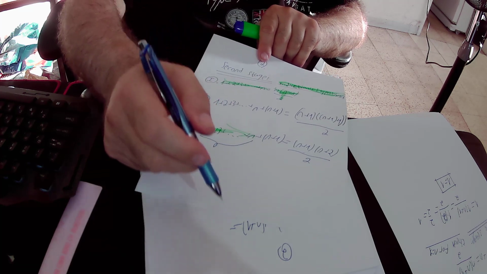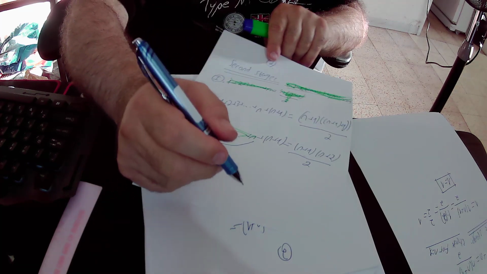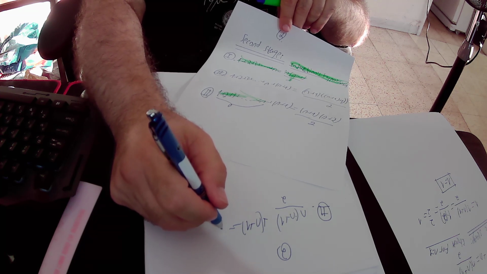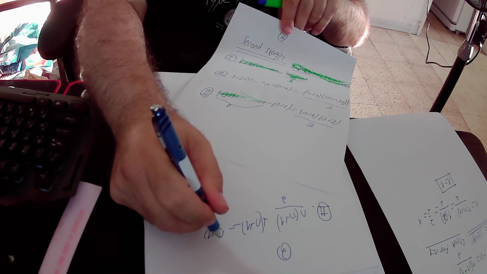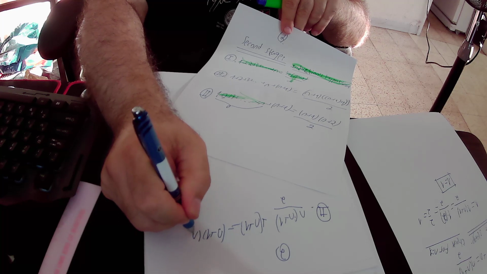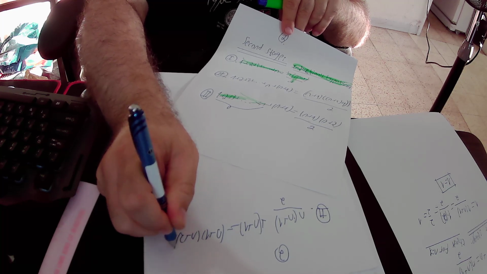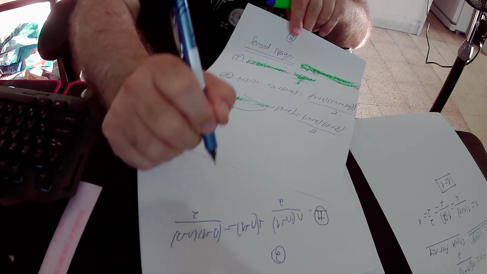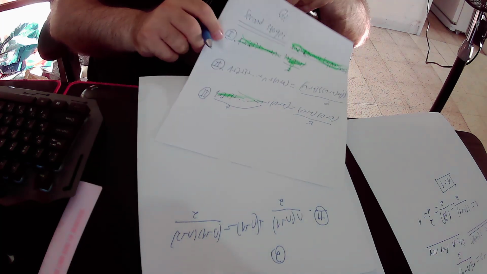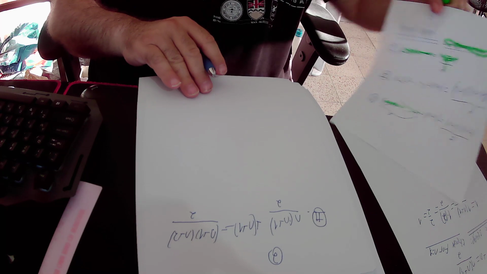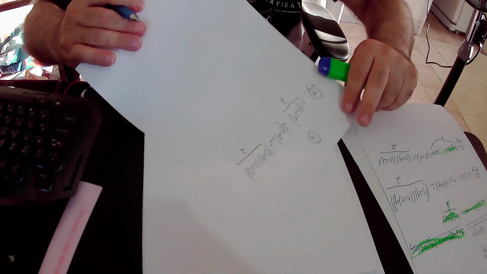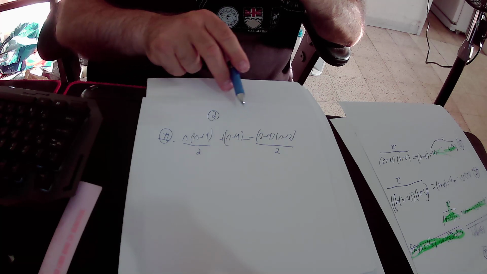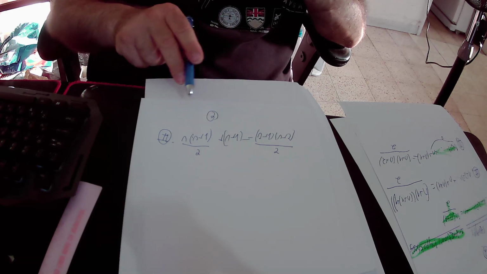So we will write it: n plus 1 times n plus 2, all divided by 2. So this is the expression for n plus 1 that we have to prove.